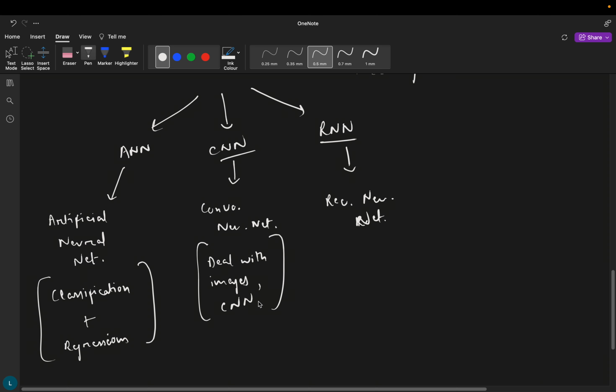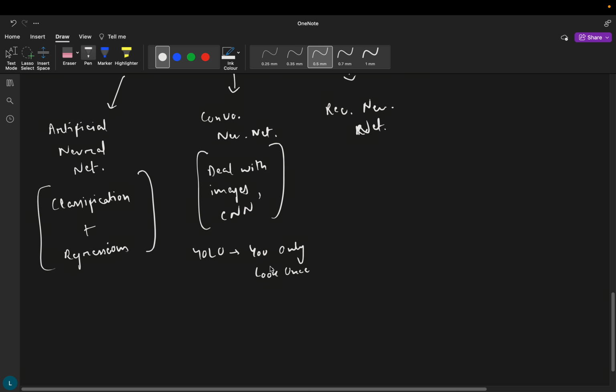And not only images: when you learn about advanced CNN, you can use models like object detection. There is a very famous model you must have heard about, that is YOLO. YOLO stands for You Only Look Once. YOLO is a very famous object detection model. So later on you deal with object detection and many other things.